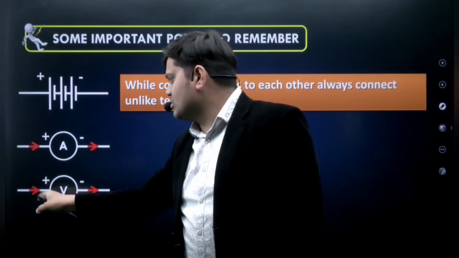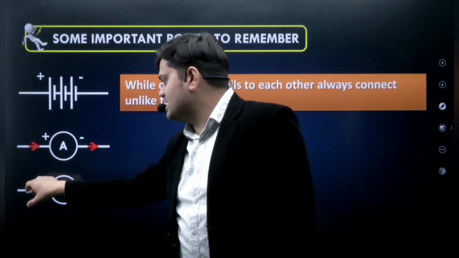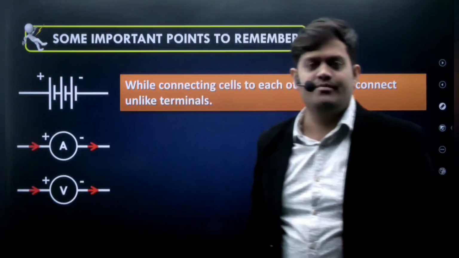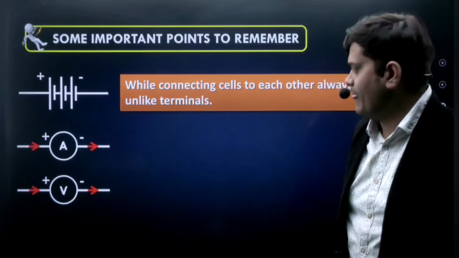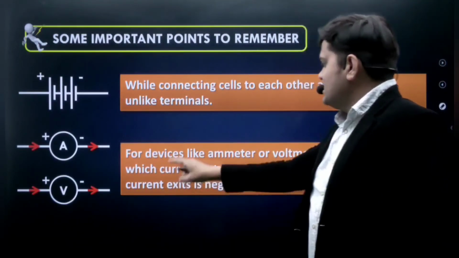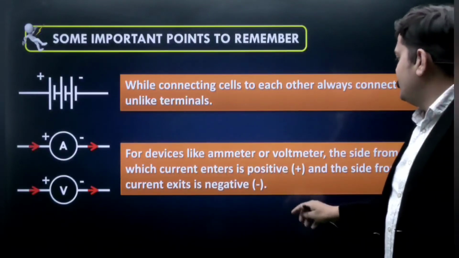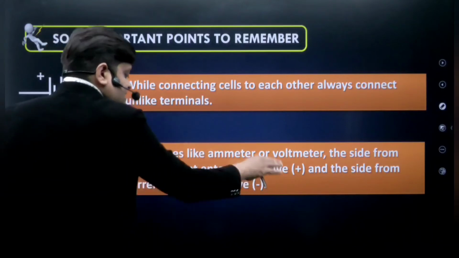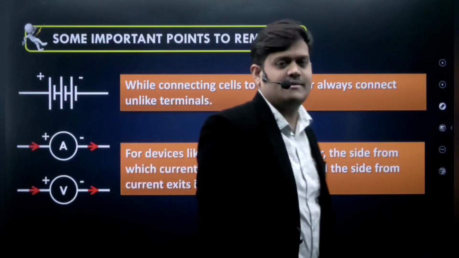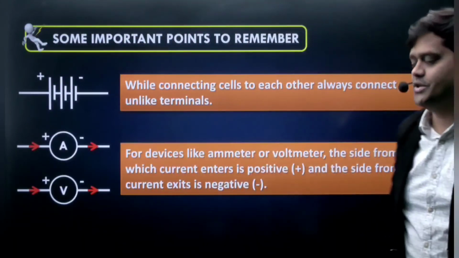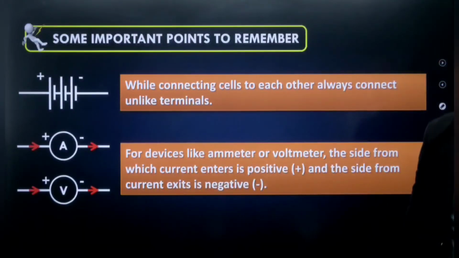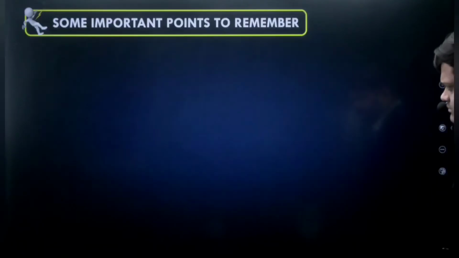The voltmeter is the same: the current enters the voltmeter at the positive terminal and leaves from the negative terminal. So for devices like the ammeter or voltmeter, the side from which current enters is always positive, and the side from which current exits is negative.